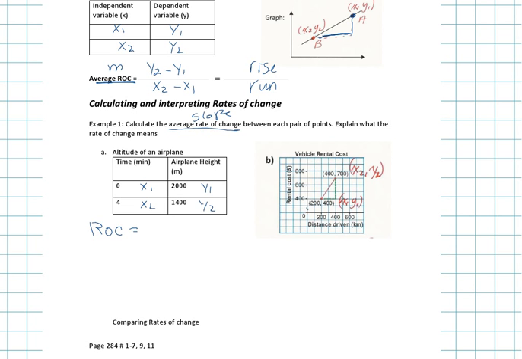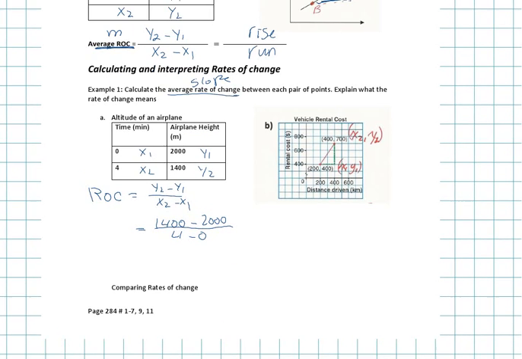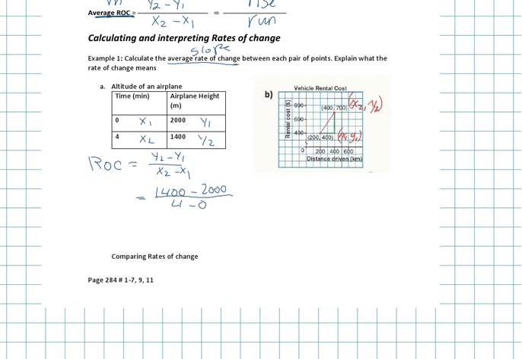Label your points. Now use the formula, which is y2 minus y1 over x2 minus x1, and plug the values in. 1,400 minus 2,000 over 4 minus 0, which is negative 150.